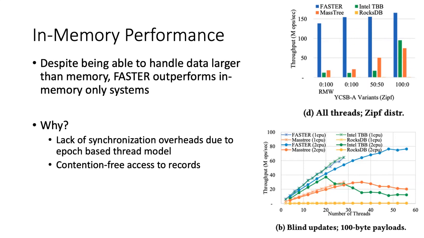If we look at the top graph, even though it's Zipf, which means there's a really high amount of locality in the workload, the other indexes can still perform pretty poorly, and that's due to the contention they have on records in their indexes. It's not as lock-free or as efficient as FASTER.